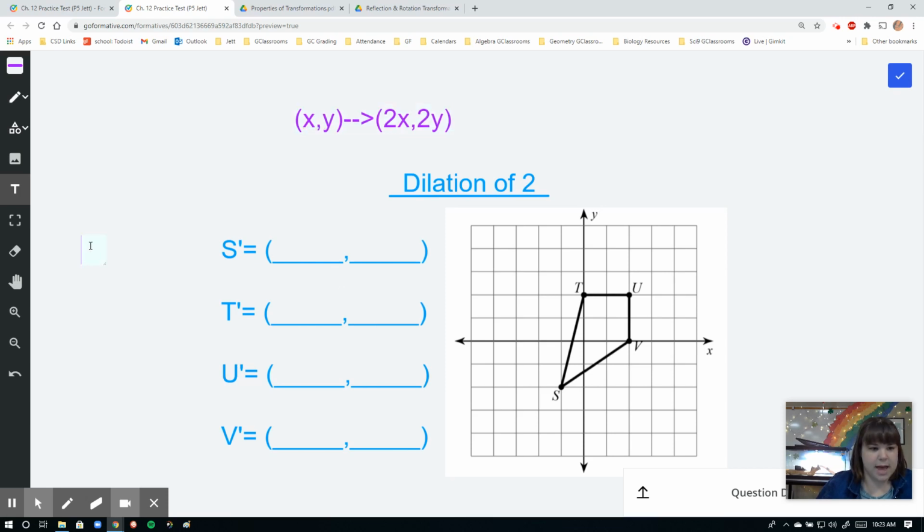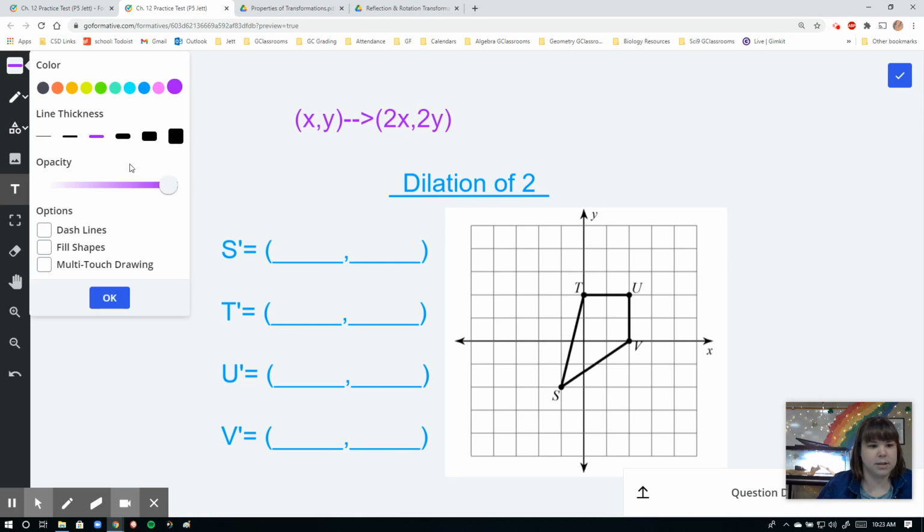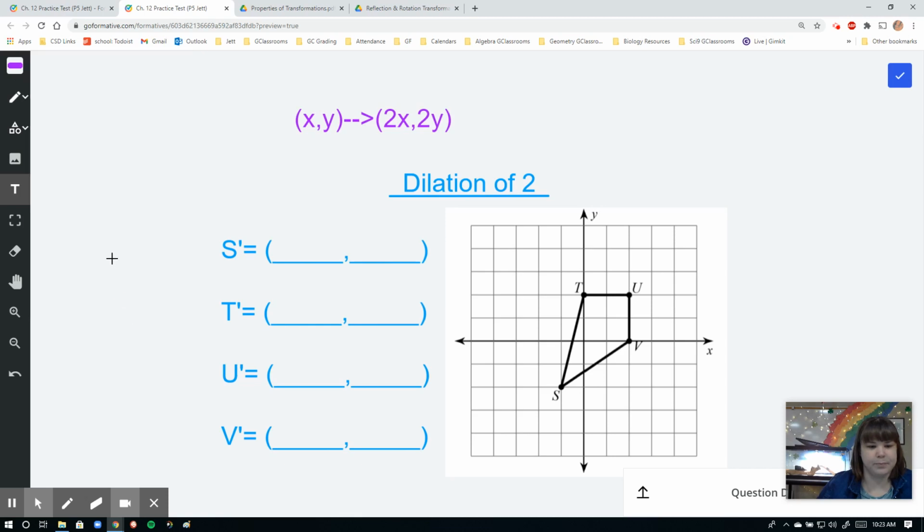So point S, make this a little bit bigger. So S, if we look at S, S is at -1, -2. Move that over. And then we're going to look at T. So T is at 0, +2.